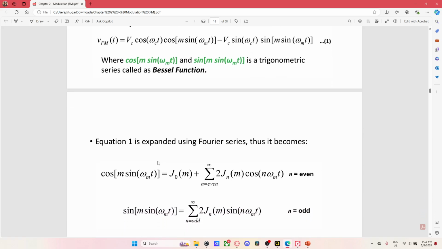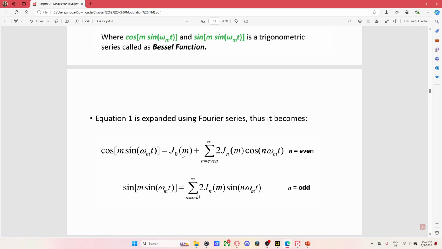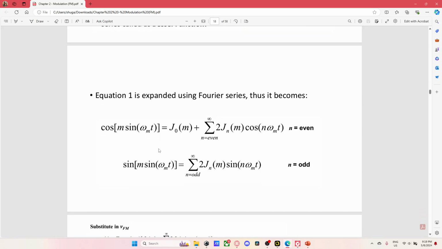Okay, in equation 1, it is expanded using Fourier series. Thus, it becomes this equation. You do not need to worry how you get it. Just try to remember that when n is even, the signal is in cos value.